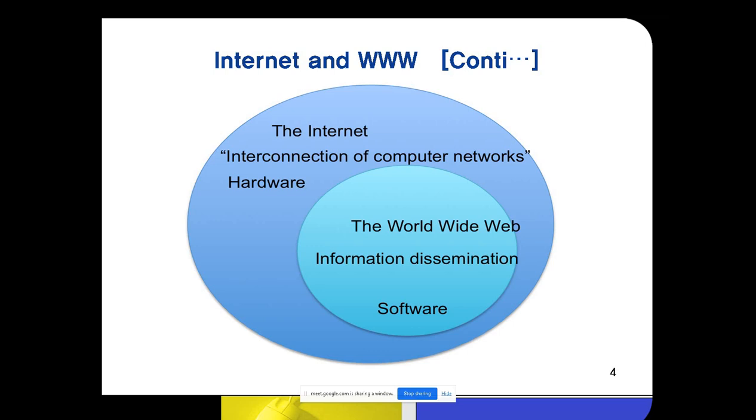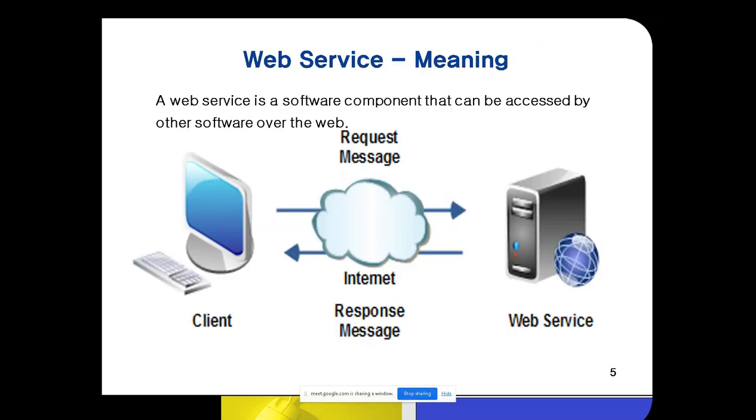Under the internet connection, we will have the World Wide Web, where we will have information in disseminated form. And there will be software that takes care of the WWW environment. The hardware as well as software both take care of the working principle of the WWW environment as well as the internet environment.